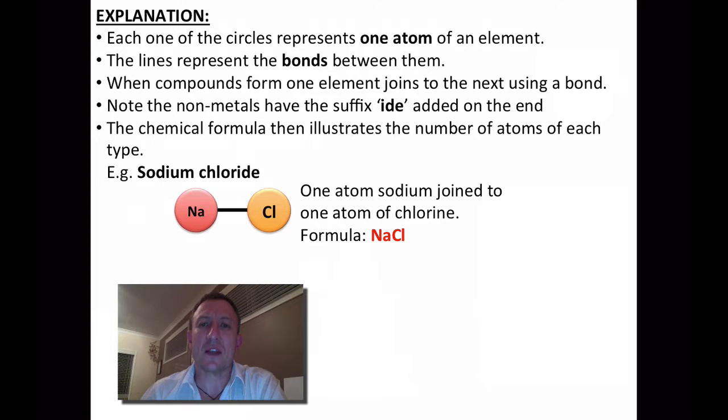Generally in this course we're going to keep it very simple, so you'll be able to pick up where the ides fit in with the nonmetals. Now also what we can see in the example below is that we've got one sodium atom and one chlorine atom. That's very important when we're looking at the formula, because when we write a formula, all it does is say how many atoms of each type we have.